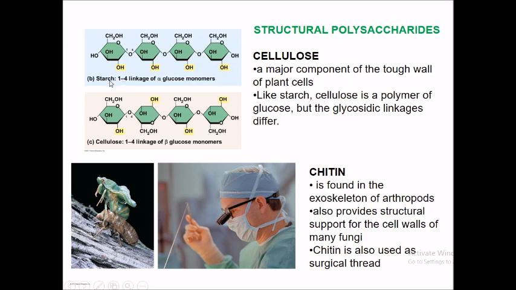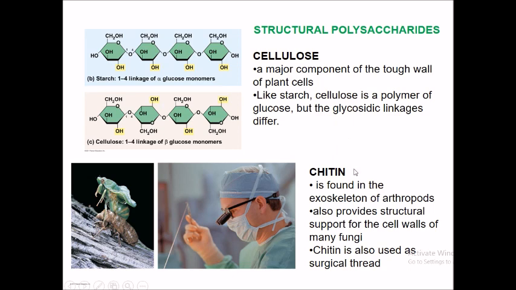As you can see over here, in starch, the storage polysaccharide, all of the hydroxyl groups are located at the bottom of the structure. Meanwhile, for cellulose, the structural polysaccharide that you can find in the plant cell, the locations of the hydroxyl groups alternate. Some are at the bottom and some are located at the upper parts of the ring.